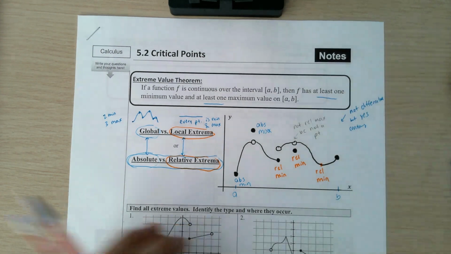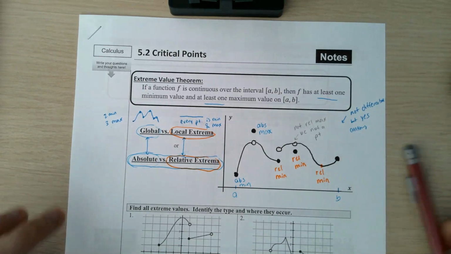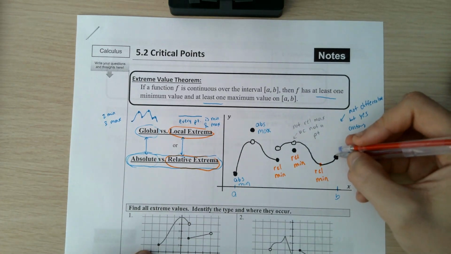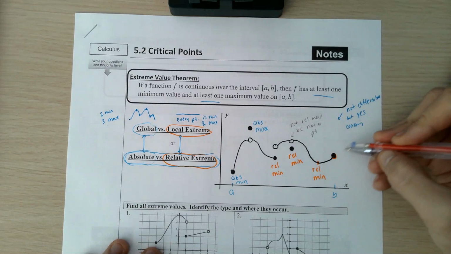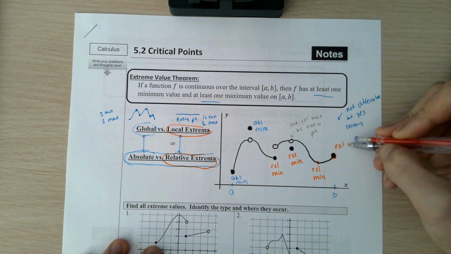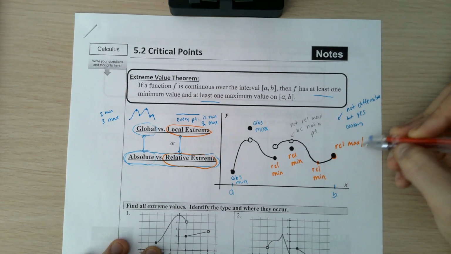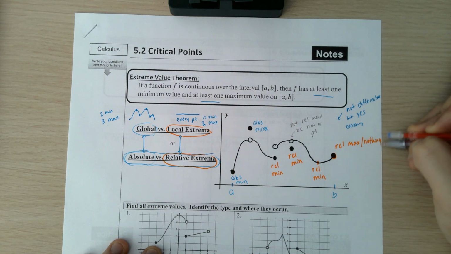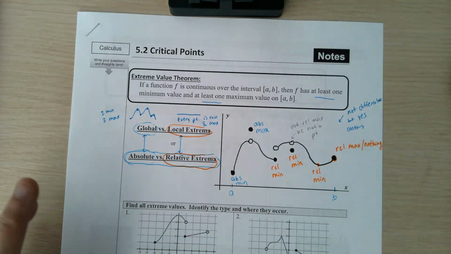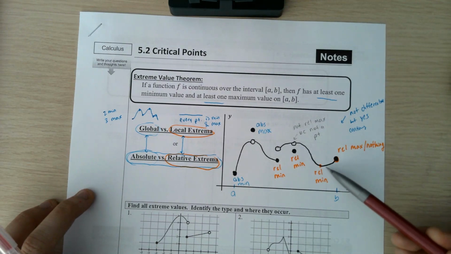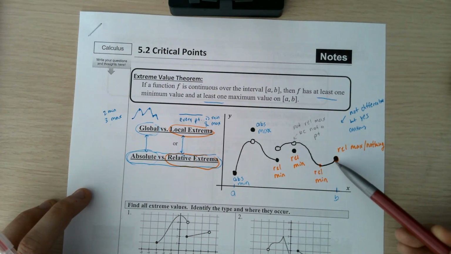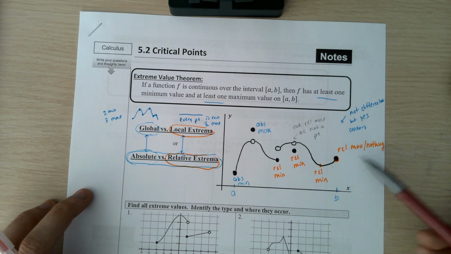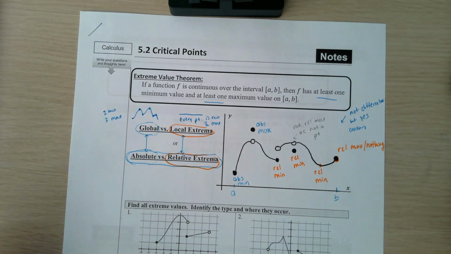And then this one right here is debated in the math community. So you could say it's a relative max, or you could say it's nothing. Some people argue, okay, well, it's relative to these points, it's a maximum. But some people say, since there's nothing on the other side, it can't be a relative max.